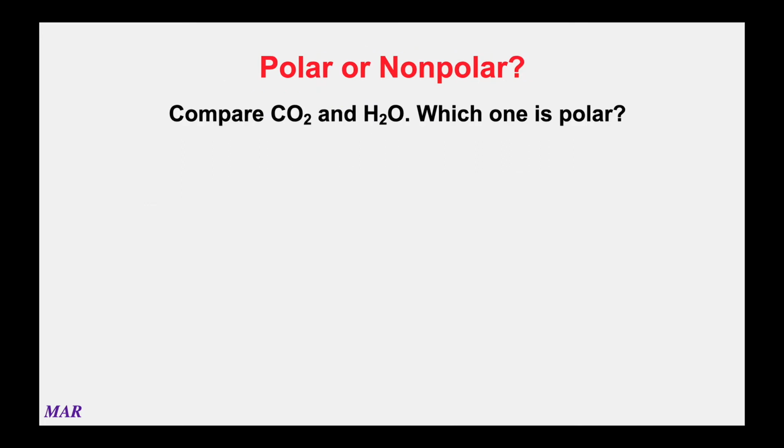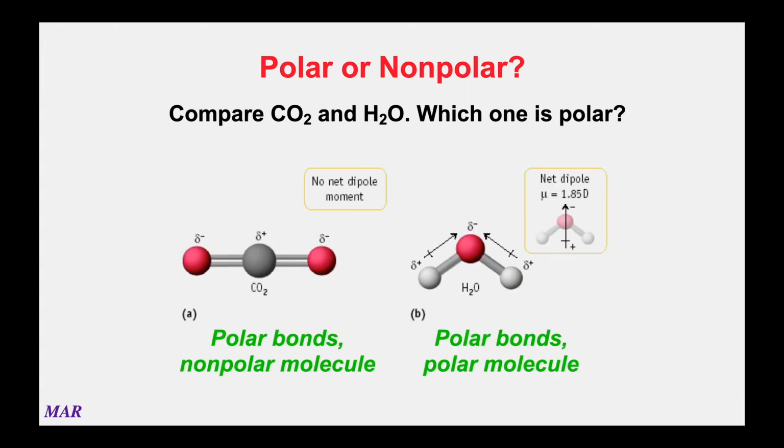So let's compare carbon dioxide and water. Which one is polar? First you have to draw out the Lewis structure, figure out the geometries, stuff like that. Well, carbon dioxide is carbon in the middle of 2 double bonded oxygens. We saw that had formal charges of 0. Water, on the other hand, has a tetrahedral electron pair geometry and a bent molecular geometry.